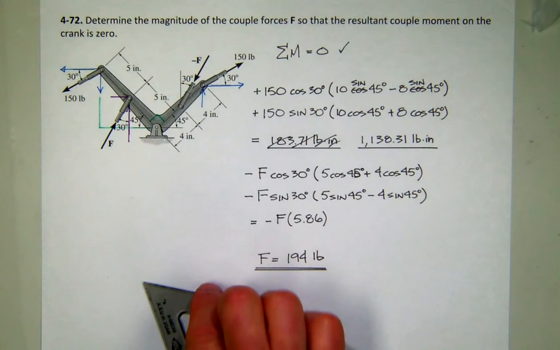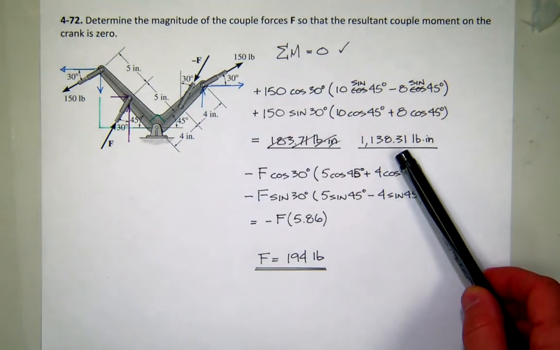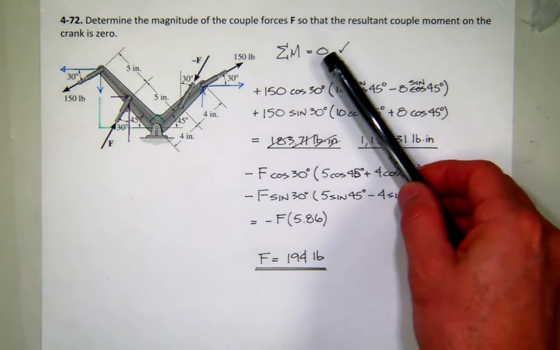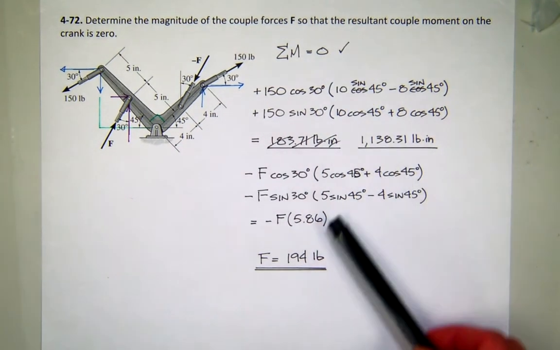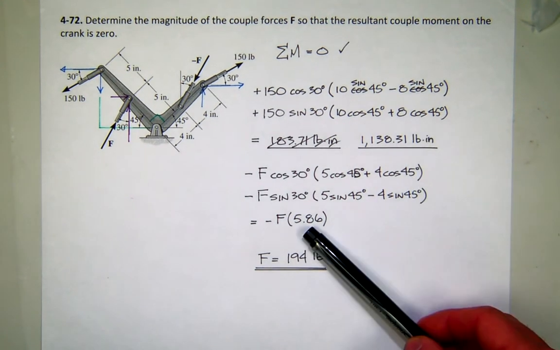Well, I apologize for that. I thought that was going to be a little easier to calculate. How is that positive? Well, one moment is positive, the 1138, and then one moment is negative. And when you add them together, they have to be 0. So F would have to be a positive value for that to happen. If F was negative, minus minus would be positive, and you'd get some huge number.